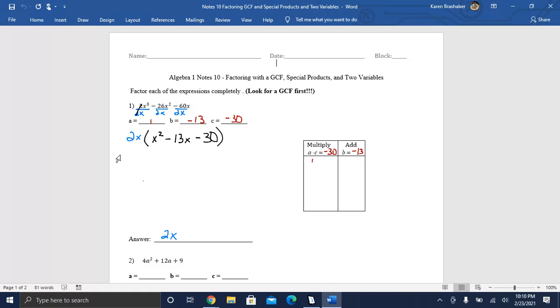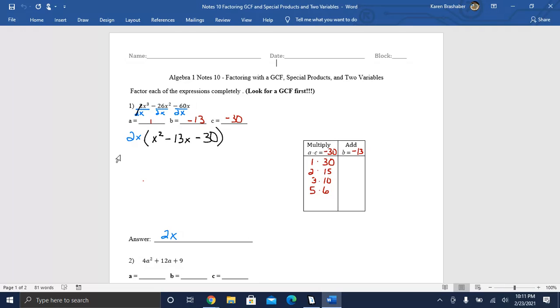So thinking about what multiplies to 30, we have 1 and 30. We have 2 and 15. We have 3 and 10. And we have 5 and 6. Now you have two candidates that could somehow be made to combine to 13.